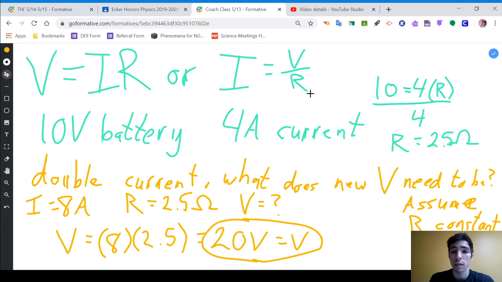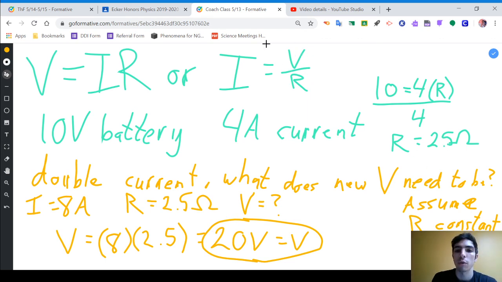And then for resistance, whenever resistance is doubled, right, if we double our denominator, that's like cutting our current in half. And if we tripled our resistance in the denominator, that would cut our current by a third. So when we needed to double our current before, we basically needed to cut this resistance down by a half, and that was when we got 1.25 ohms was the change that we needed to make if we just wanted to change our resistance.